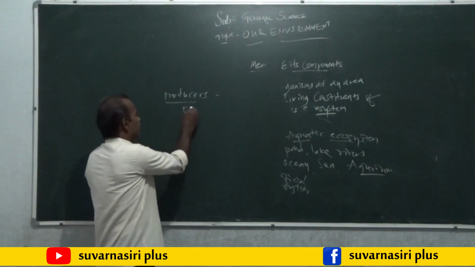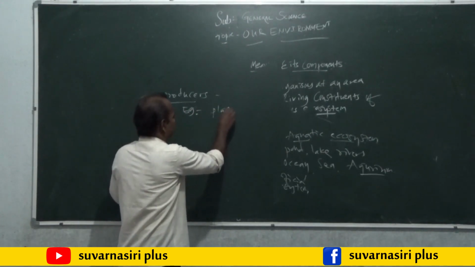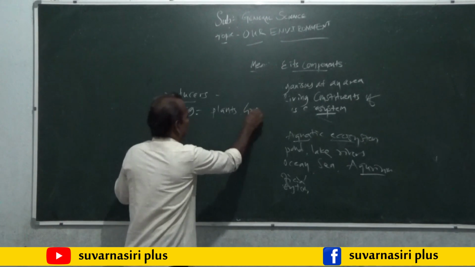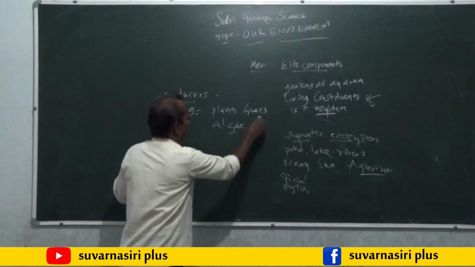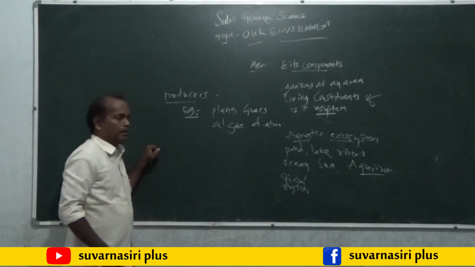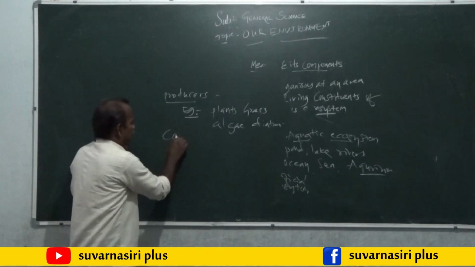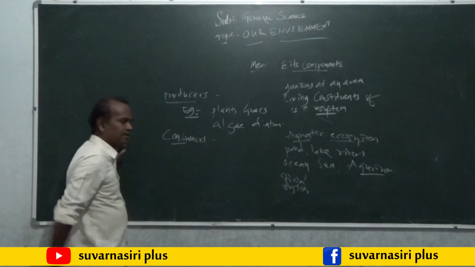Examples for producers are plants, grass, algae, diatoms. Next, consumers. What are consumers?